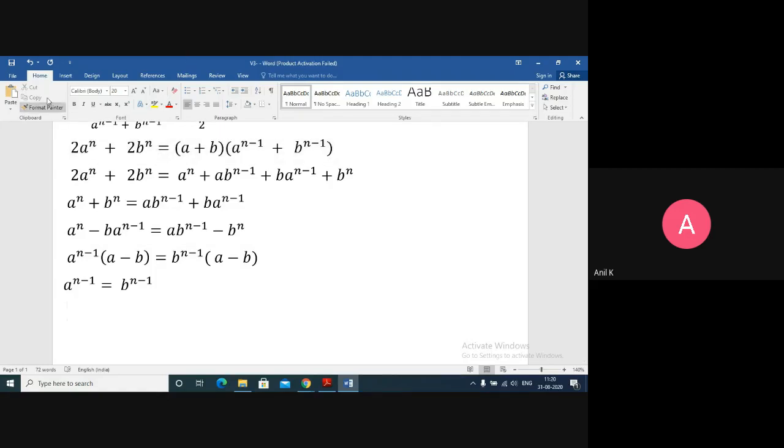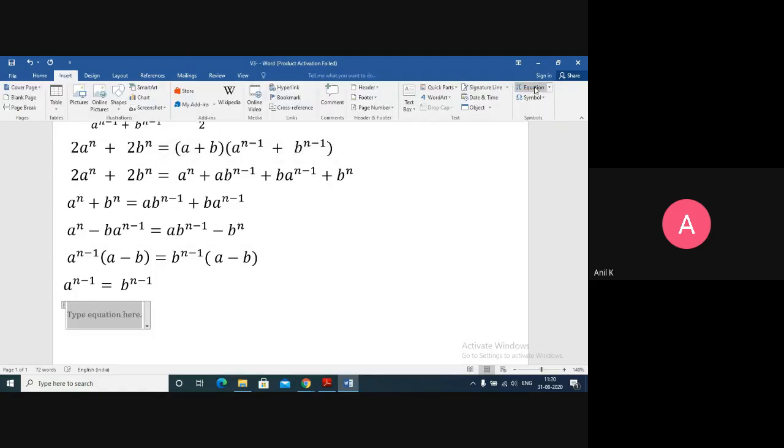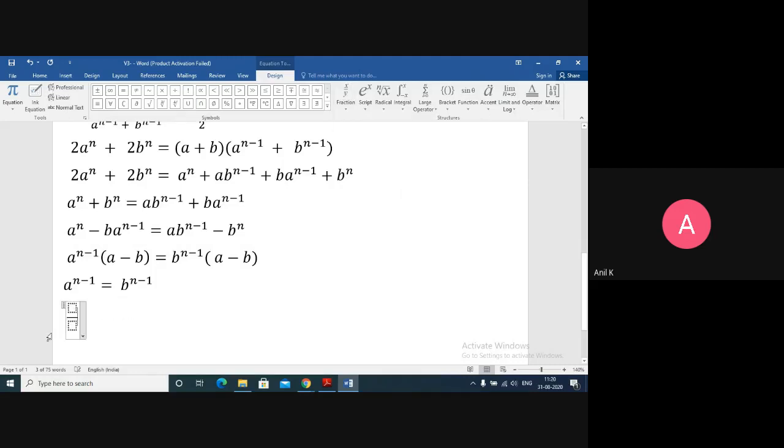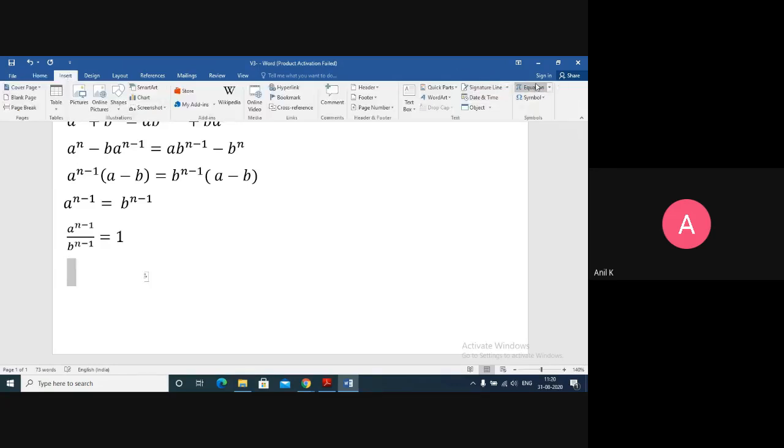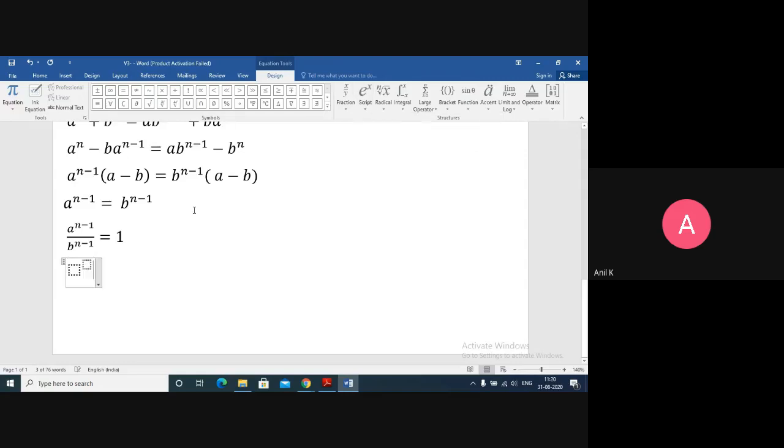Now if I bring this, it will come a to the power of n minus 1 upon b to the power of n minus 1, which is equal to 1. Okay, so the same thing I can write here.